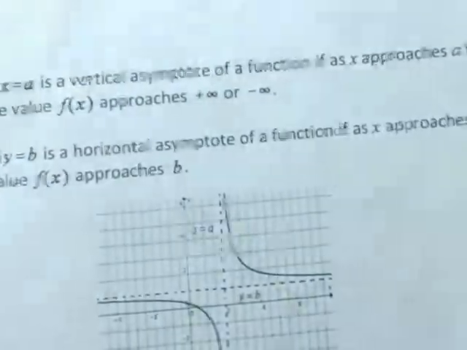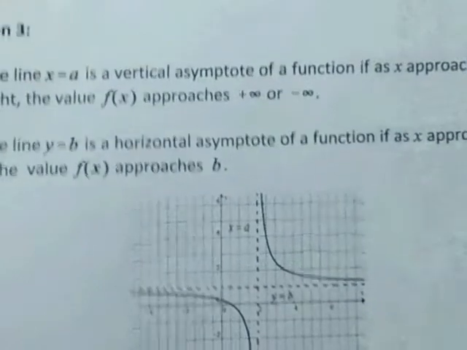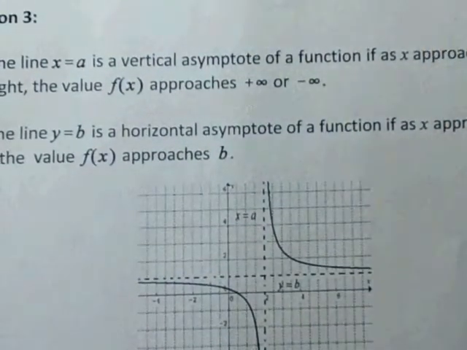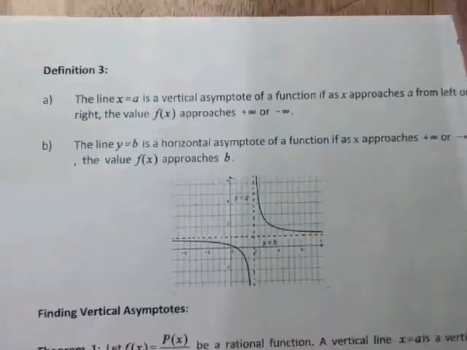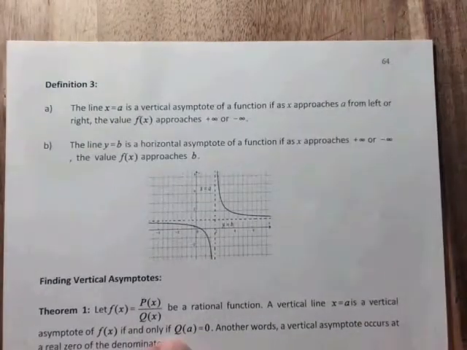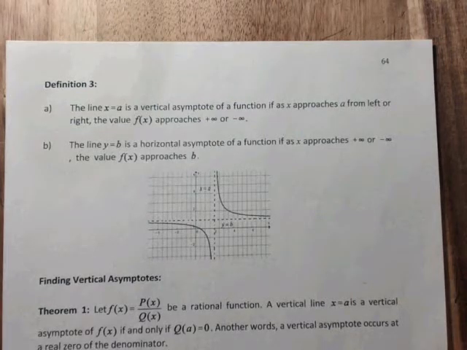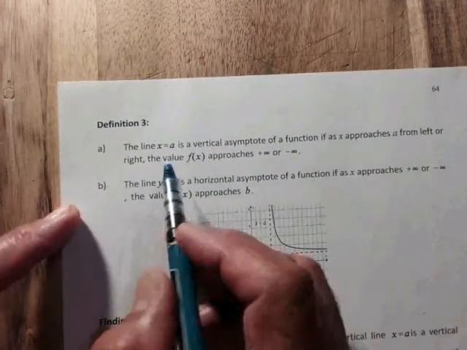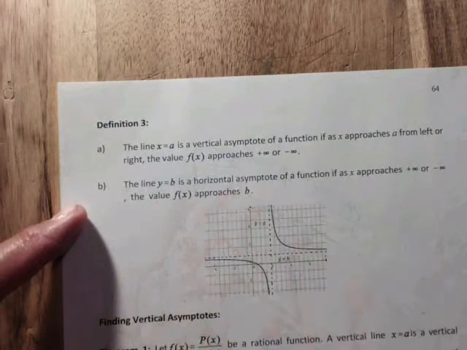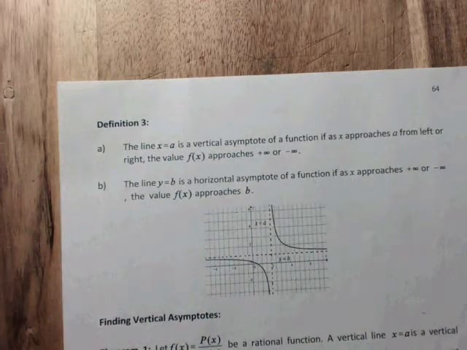So let's look at a little bit more formal definition of asymptote. The formal definition is this: a vertical line. I draw a picture as I write this definition.